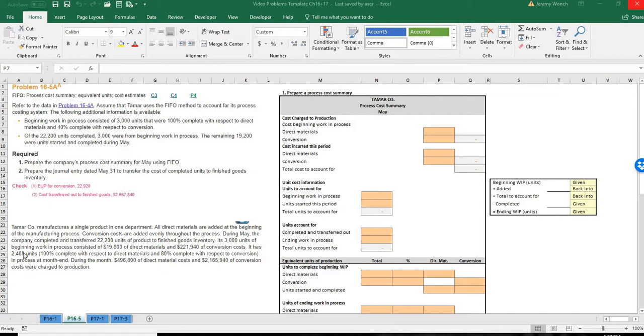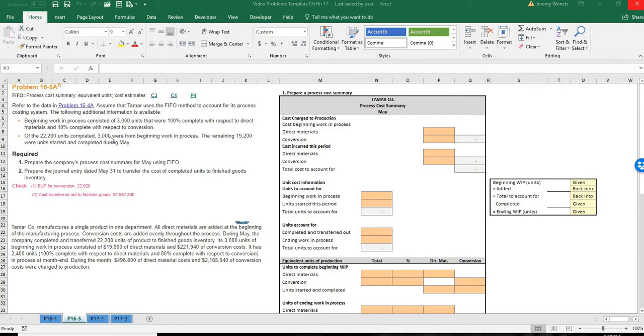In ending work in process, we had 2,400 units, 100% complete with regard to direct materials and 80% complete with respect to conversion cost. Then during the month, we added 496,800 of direct materials and 2,165,940 of conversion cost.